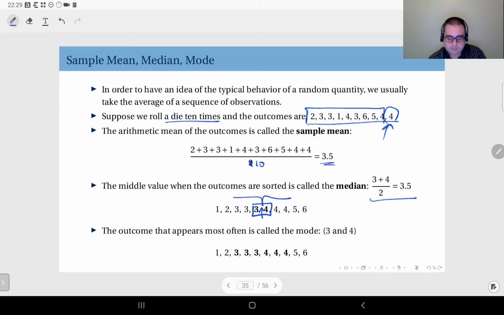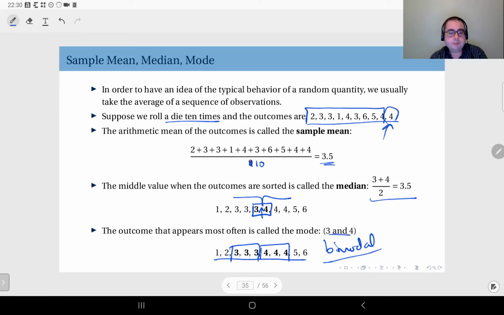And finally, again, sort them and look at which values appear most often. So 3 appears 3 times and 4 appears 3 times. In this case, we say that this sequence is bimodal. Okay, you have 2 modes, 3 and 4.